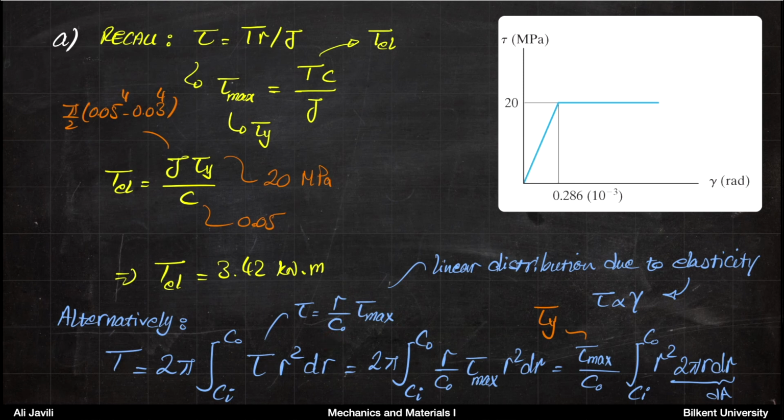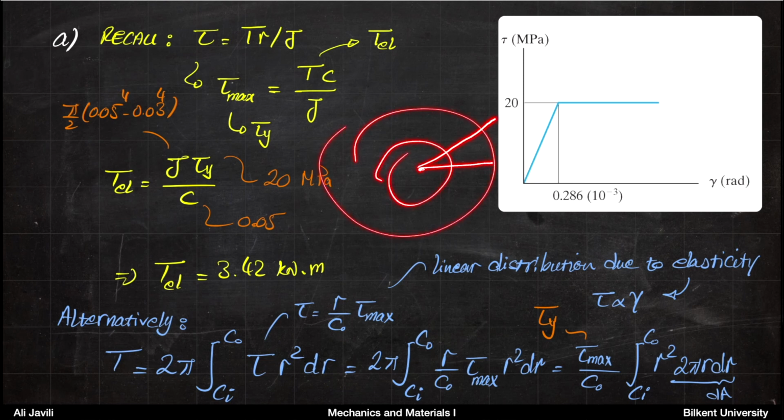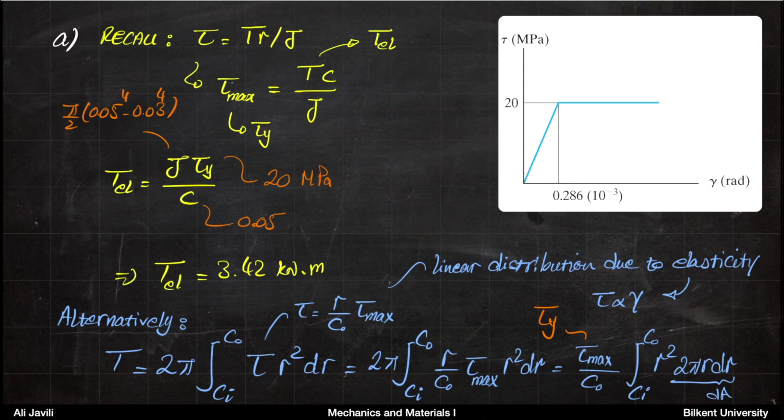So you can think of the linear distribution like this. So this is what we call CO. And we are looking for the distribution in the ring, basically. It's a hollow cylinder. So if you insert that, and then again, remember that this linearity of the stress is basically only due to elasticity.